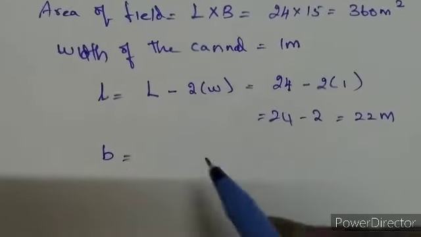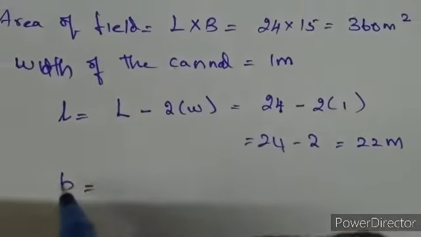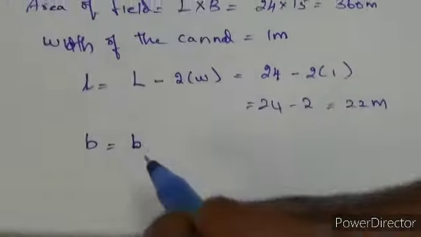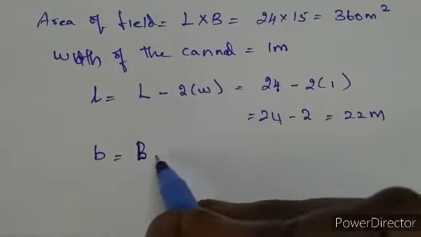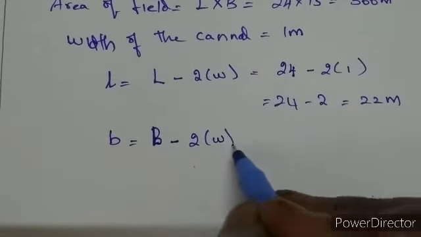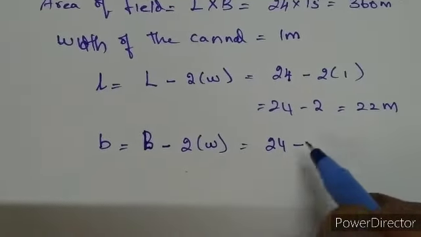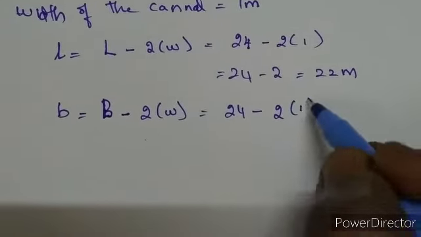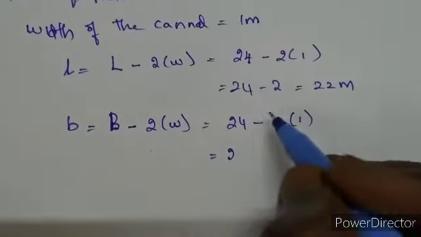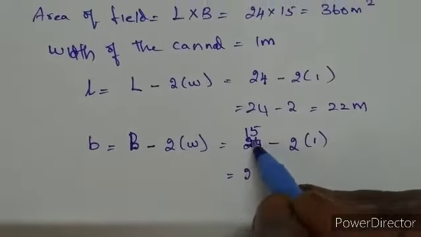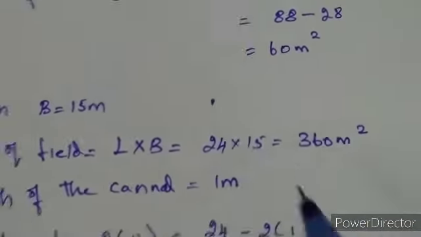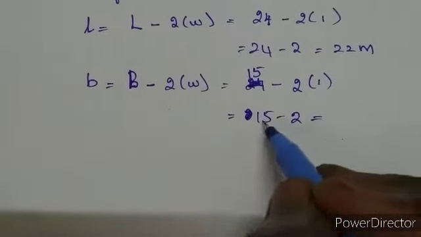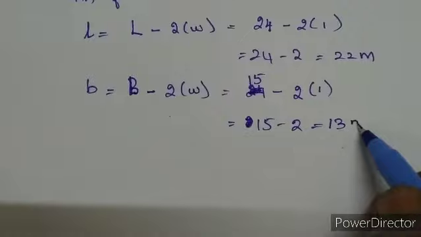Now small breadth, smaller rectangle breadth: B minus 2 of the width. Breadth is given as 15, so 15 minus 2, it is 13 meter.